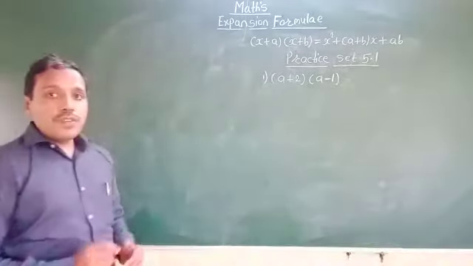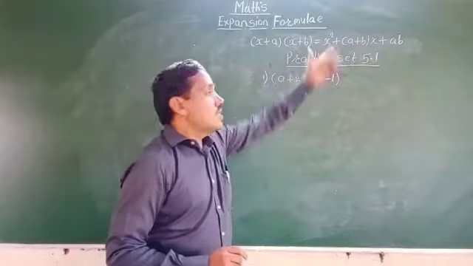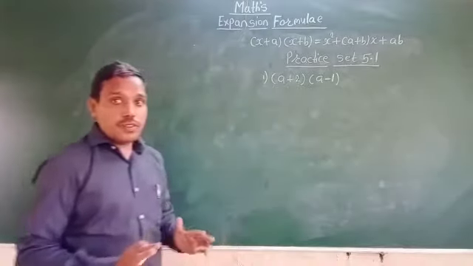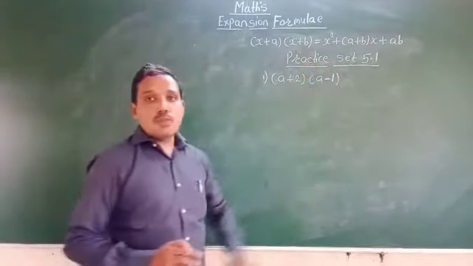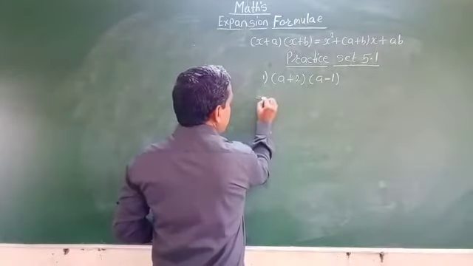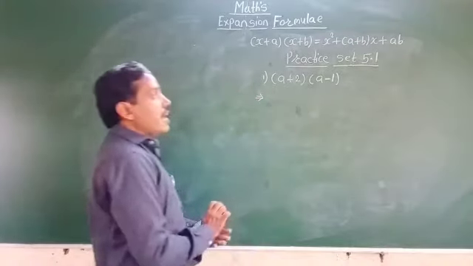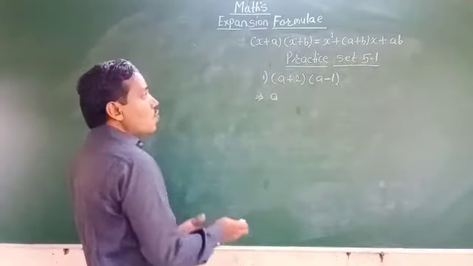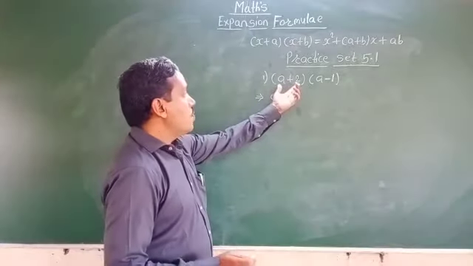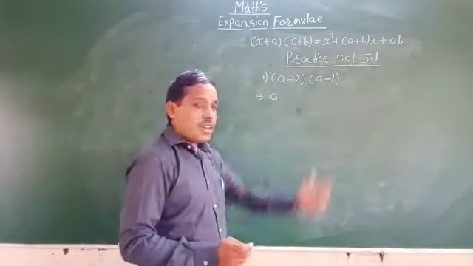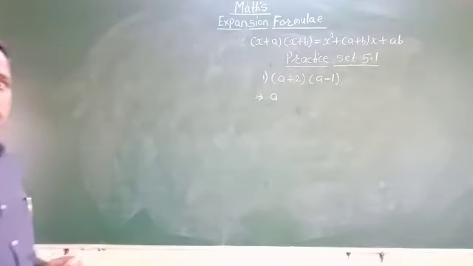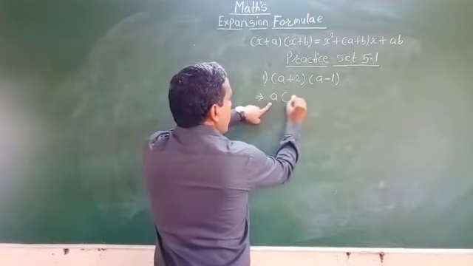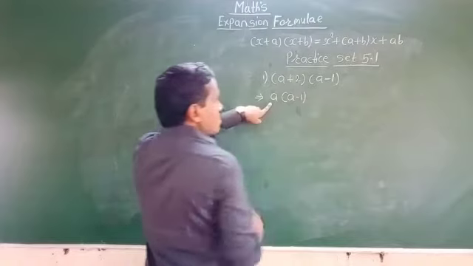We can solve that example without using the expansion formula. How can we solve it? We just try it, and then after that we use the expansion formula. When we try to solve that expansion we get two binomials. The first binomial is a plus 2 and the second binomial is a minus 1. So a is multiplied with the second binomial a minus 1.